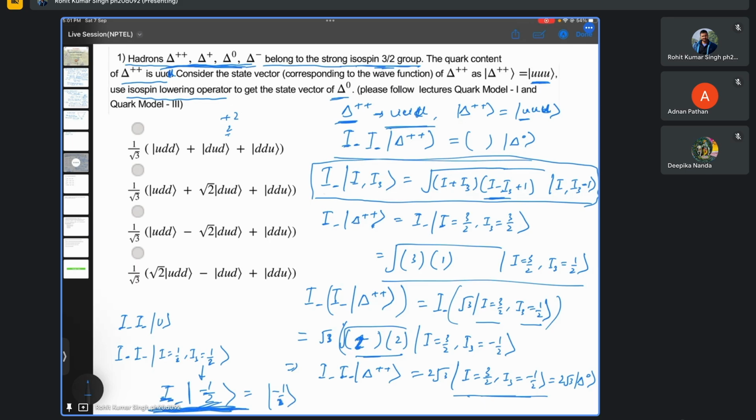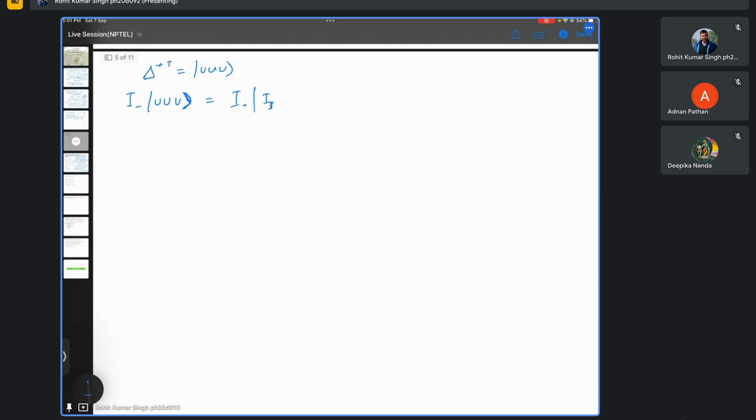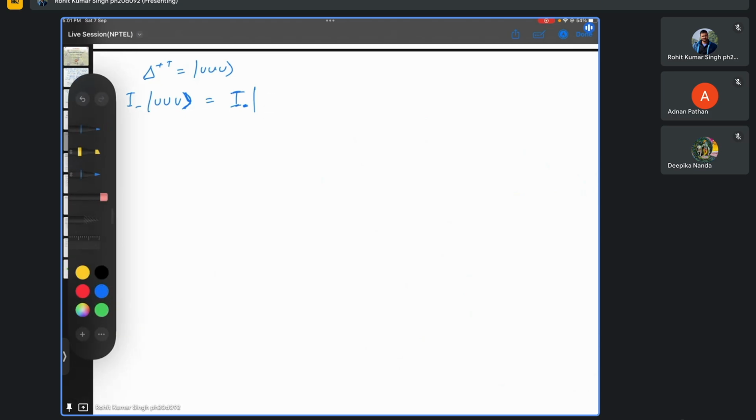Right? Yeah, let's see what happens. If we get any option, then our assumption might be true. So, first application of the lowering operator.